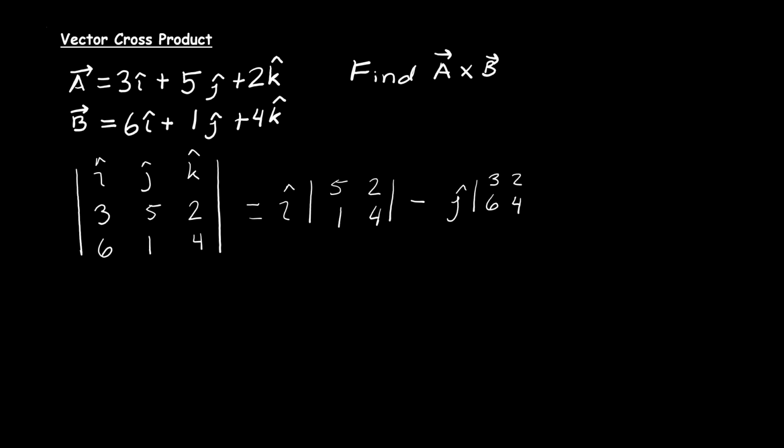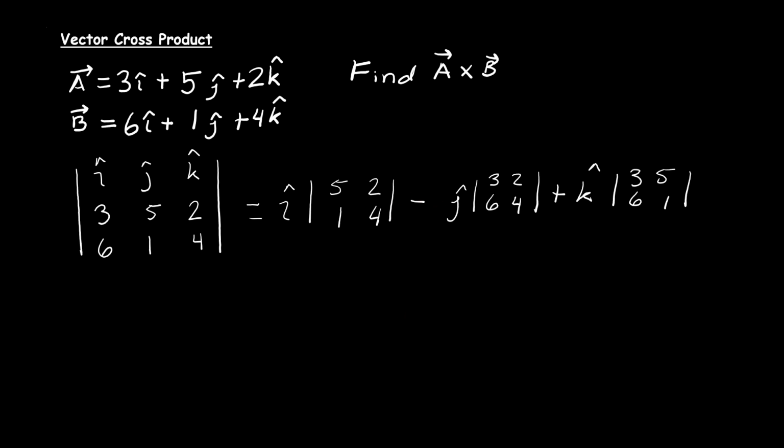And then doing the same thing for k hat, we're going to do k hat times the determinant of 3, 5, 6, 1. The reason we subtract this j hat is just because it's in the middle, so the properties of the determinant are a little bit different. So don't forget this negative sign here, it's very important.